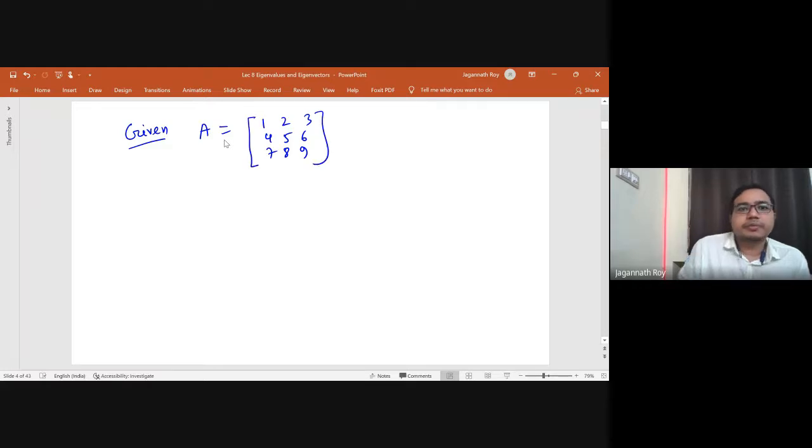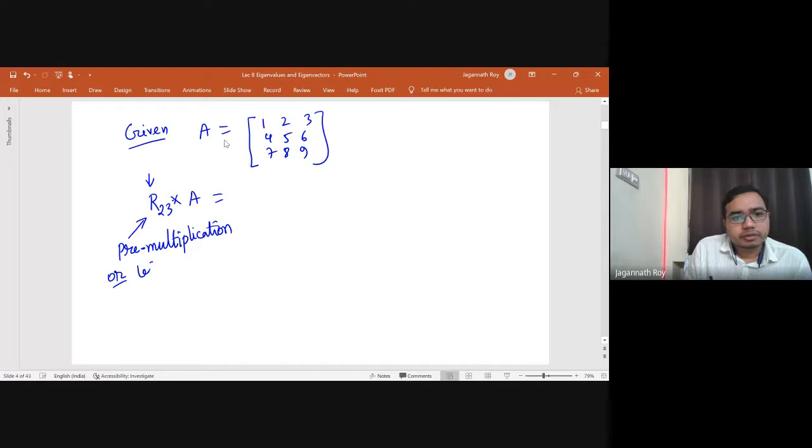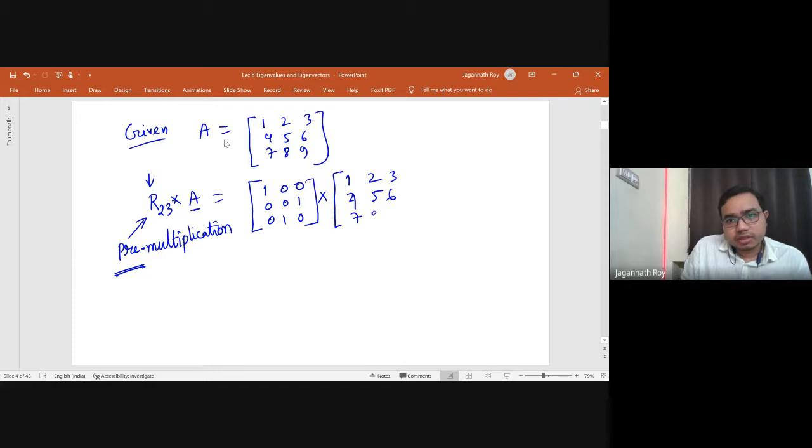We want to multiply R23 times A. This is called pre-multiplication, or left multiplication of A. Let us not introduce any new term; we will use the textbook term, pre-multiplication to A. So we take R23 as 1 0 0, 0 0 1, 0 1 0, and multiply it with the matrix 1, 2, 3, 4, 5, 6, 7, 8, 9.